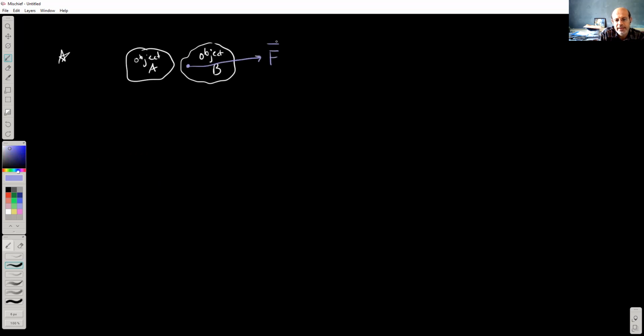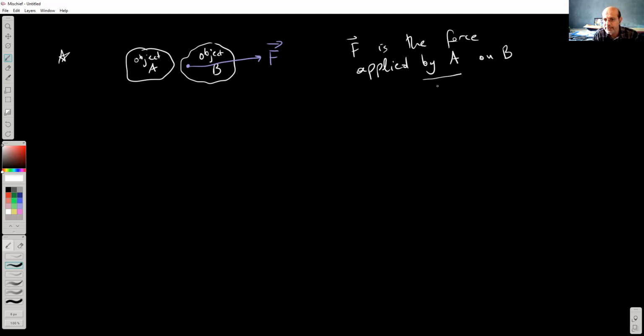That's F. Let's say that F is the force applied by A on B. So some object applies the force and the force is applied on the other object, right?